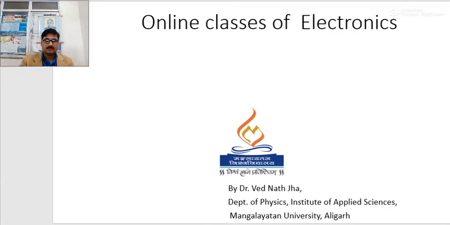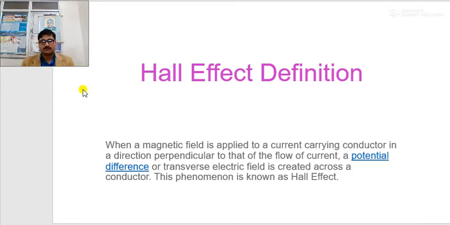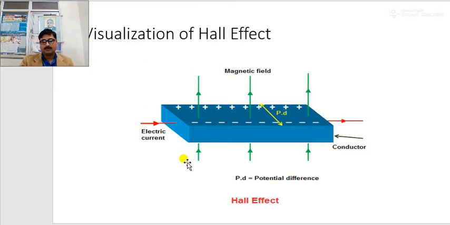First of all, we discuss what the Hall effect is. Actually, for a given semiconductor crystal, if current is flowing, and perpendicular to this current a magnetic field is applied, then under the effect of this magnetic field, a new electric field is produced perpendicular to the applied electric current and perpendicular to the applied magnetic field direction.